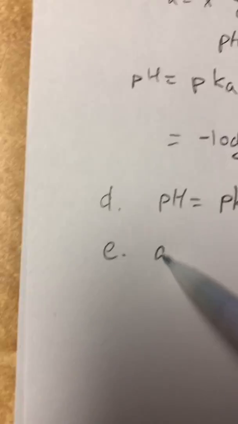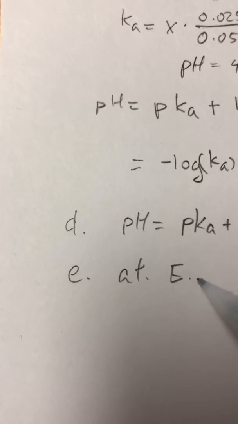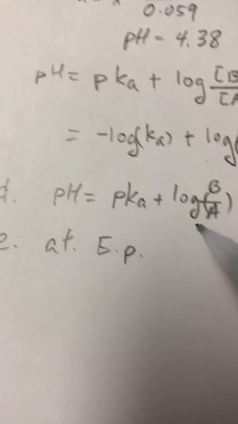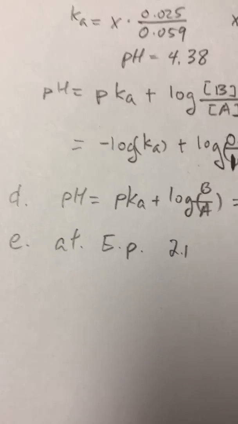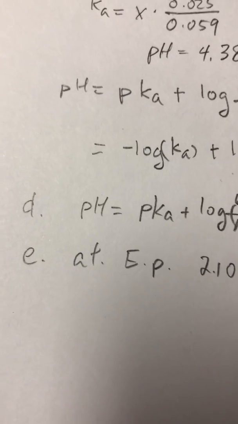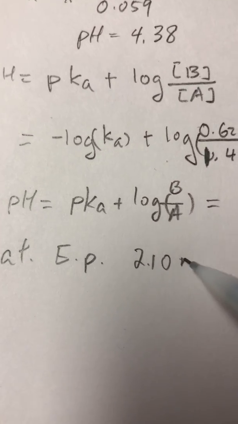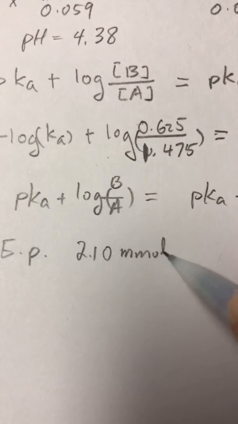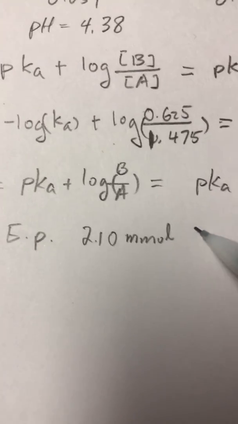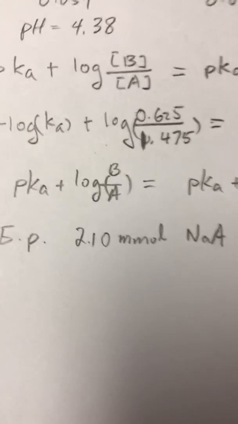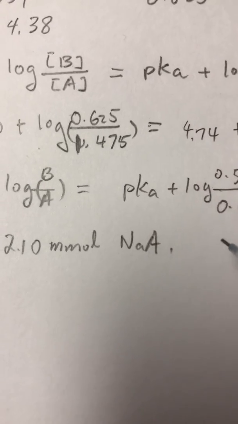So, E, at the equivalence point, let's say EP, you have 2.10 millimoles, not moles, millimoles, of the conjugate base.